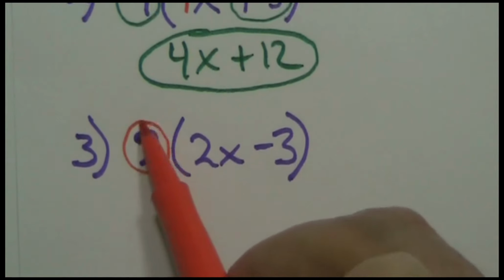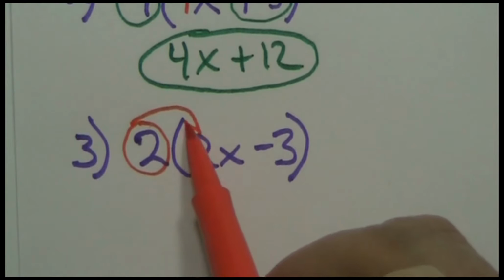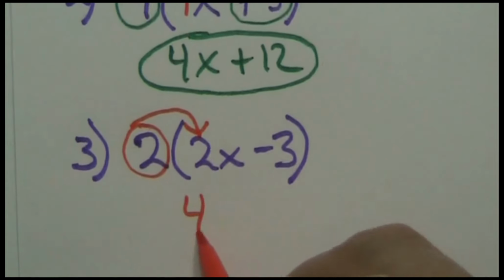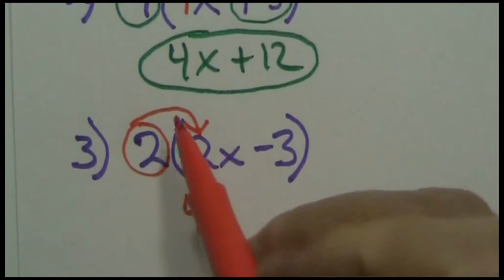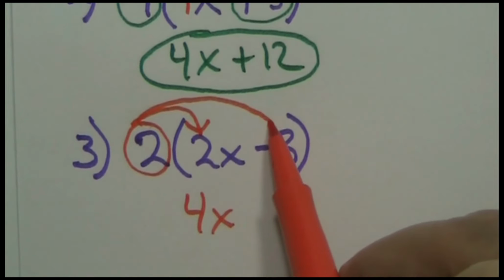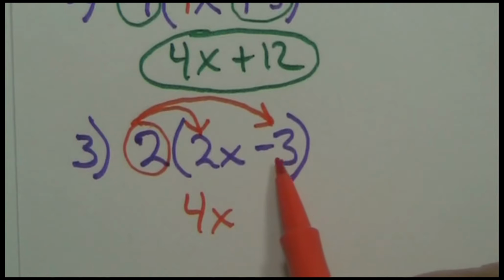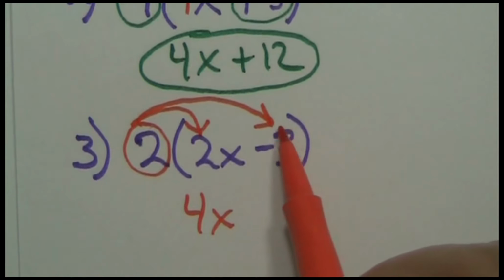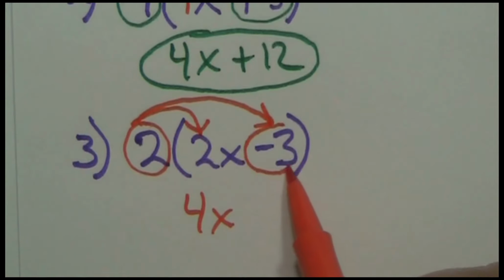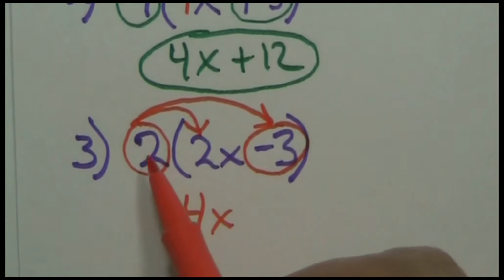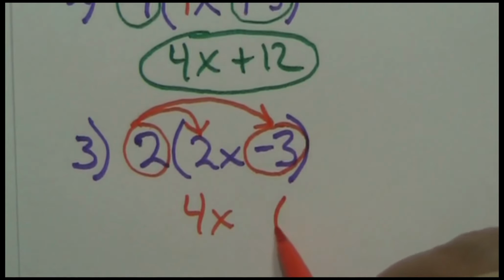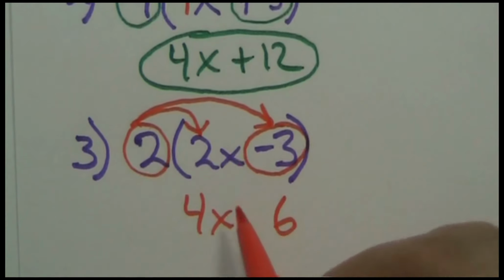So this 2, sometimes I'll draw arrows. 2 times 2, that's 4, so it's 4x. 2 times, now wait a minute, this is the same thing as negative 3. Minus 3 and negative 3 are the same. You'll get the same value, let's put it that way. So I have 2 times negative 3. 2 times 3 is 6, and there's 1 negative.